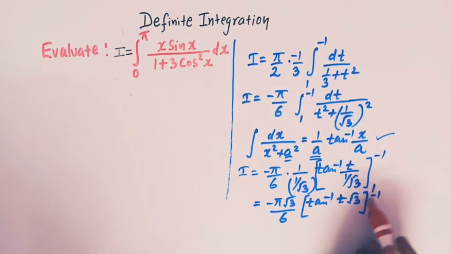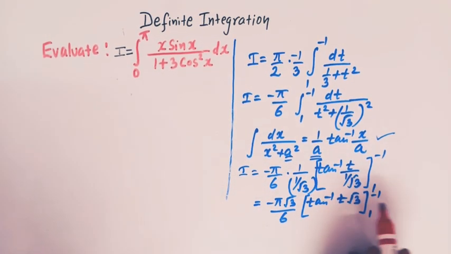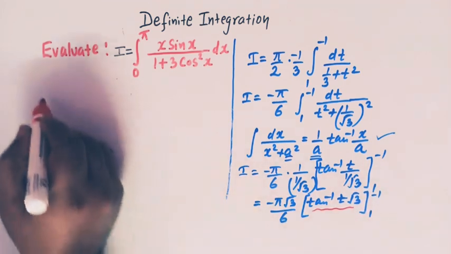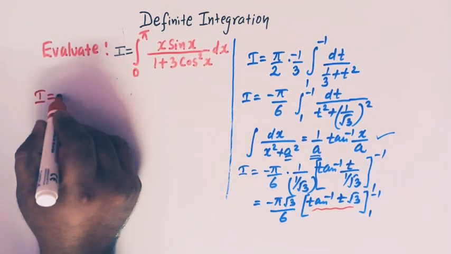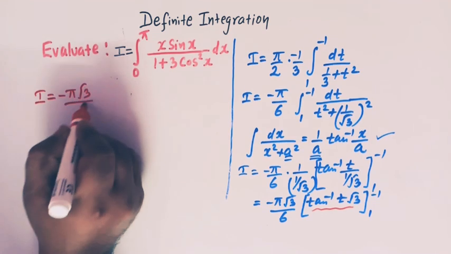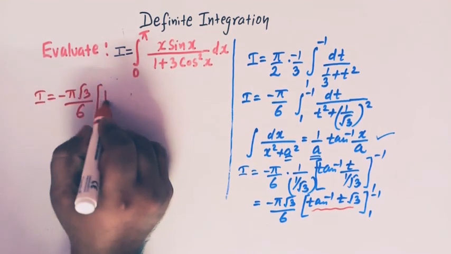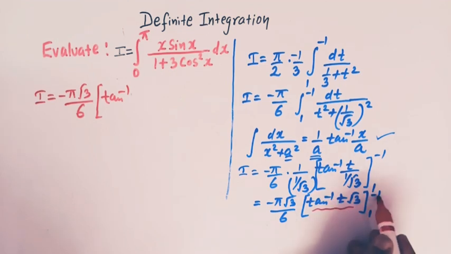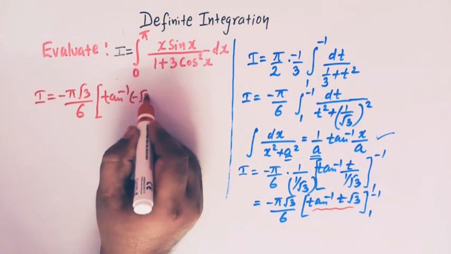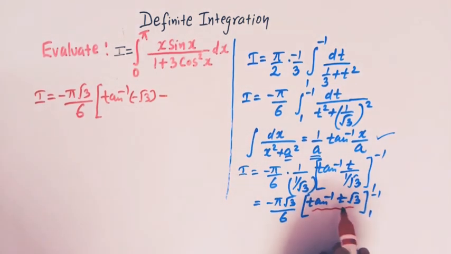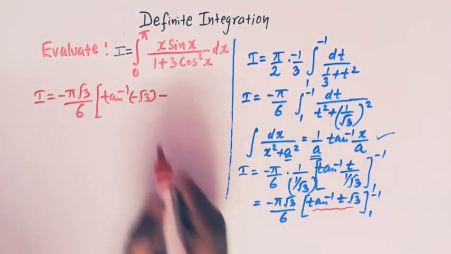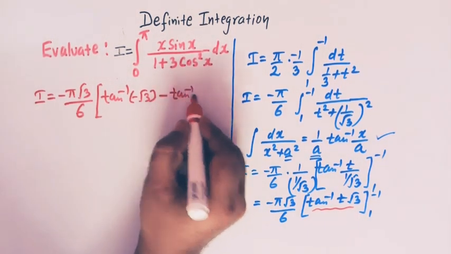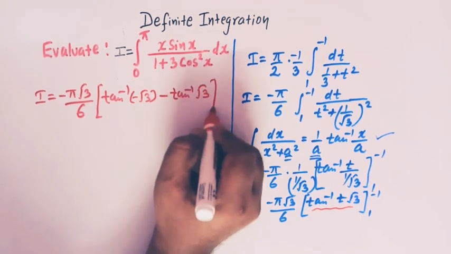Now we can simply substitute the values of the limits in this expression, and we'll take the difference. So I can be written as minus pi root 3 over 6, and we have tan inverse for t is equal to minus 1, here we have minus root 3, and for t is equal to 1, we have tan inverse root 3, right?